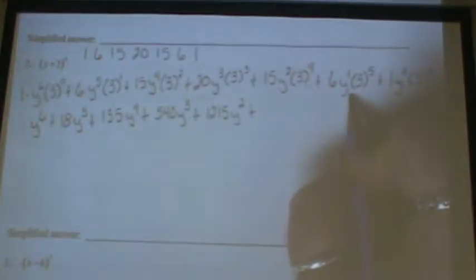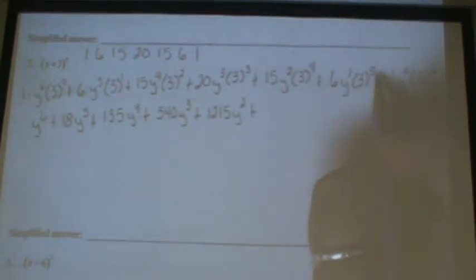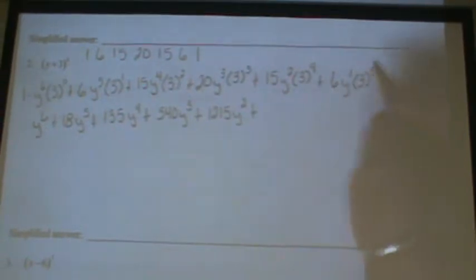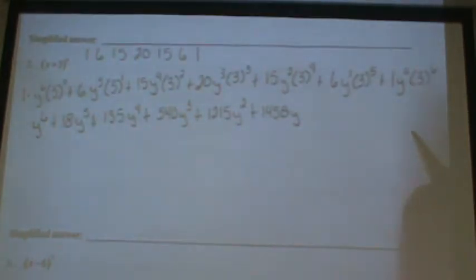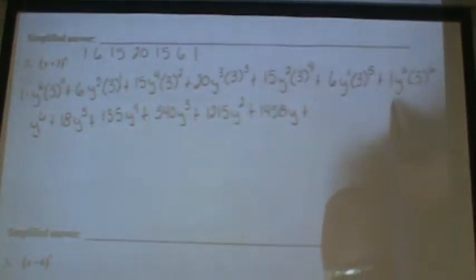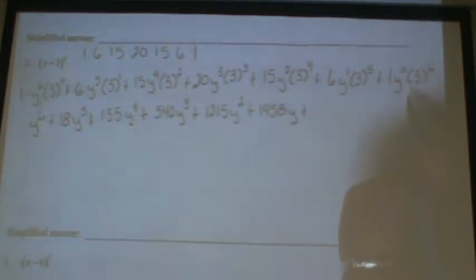Plus our next term is 3 to the 5th times 6, which gives us 1,458 times y to the 1, which is just y. And then our last term, 1 times y to the 0 times 3 to the 6.